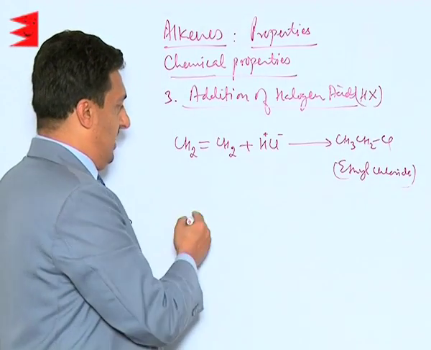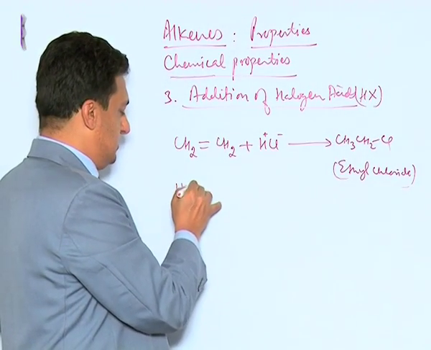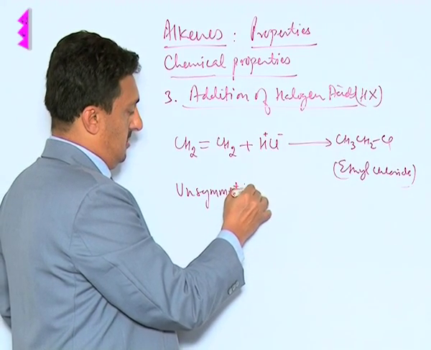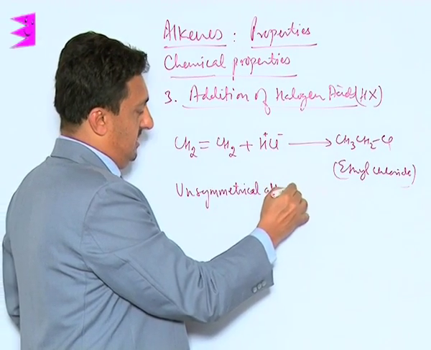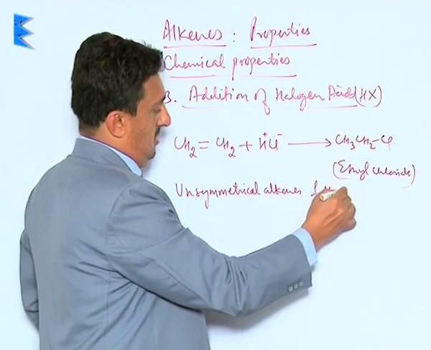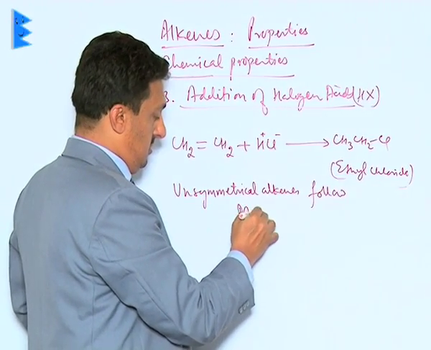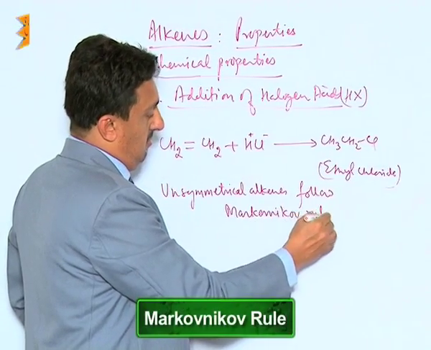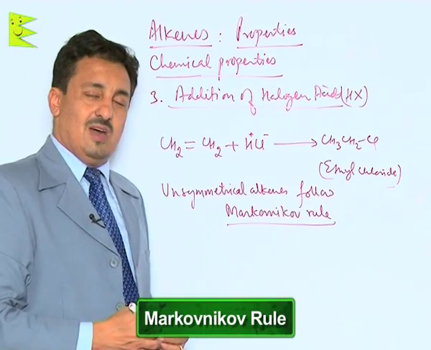But remember, whenever the addition takes place to unsymmetrical alkenes, it follows Markovnikov's rule. What is this Markovnikov's rule?